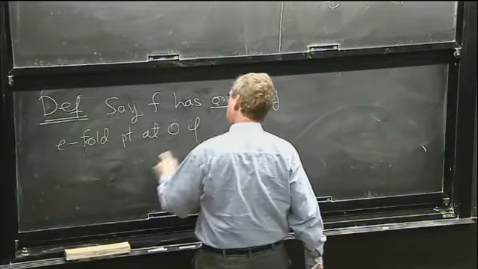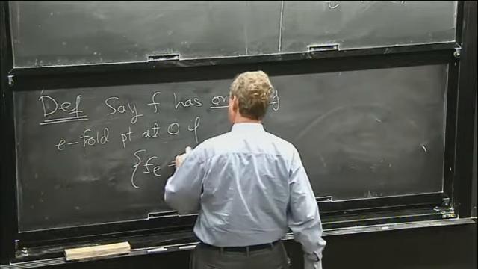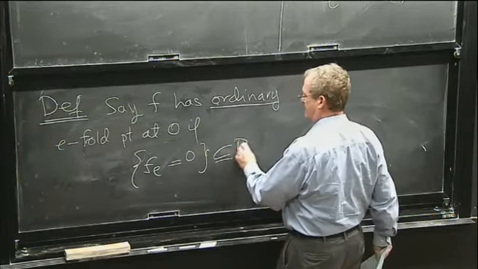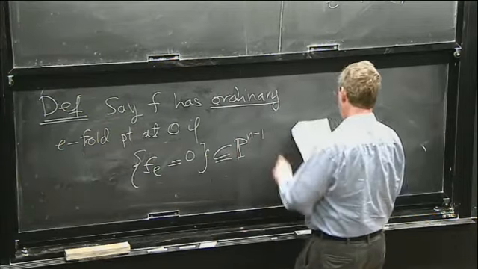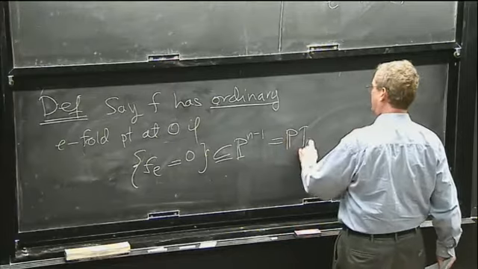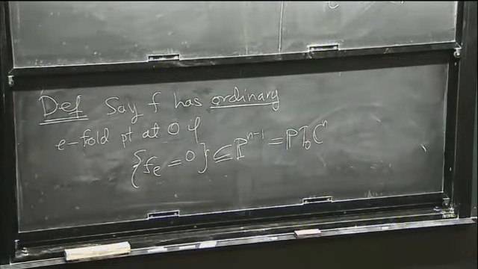if what? Since f sub e is homogeneous, we can look at its zeros, and we can think of this as a hypersurface in P^(n-1). This is actually the projectivized tangent space at 0 to C^n. So this defines some hypersurface in projective space of dimension 1 down.